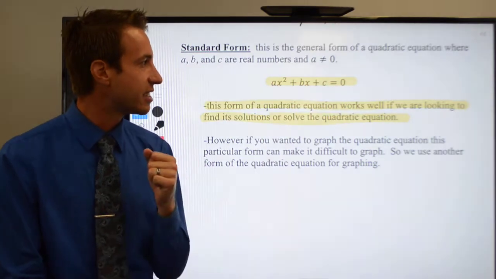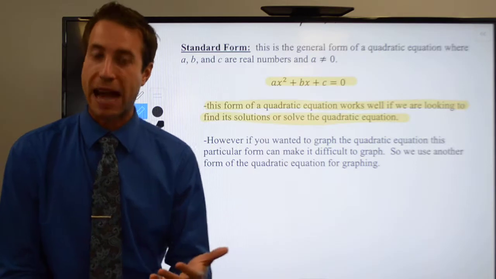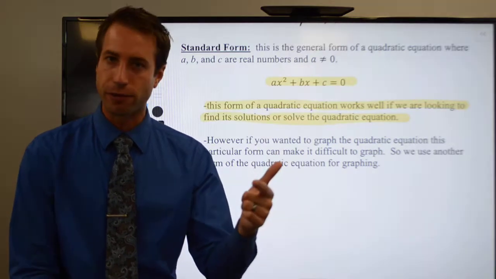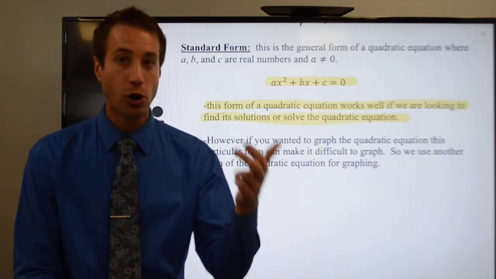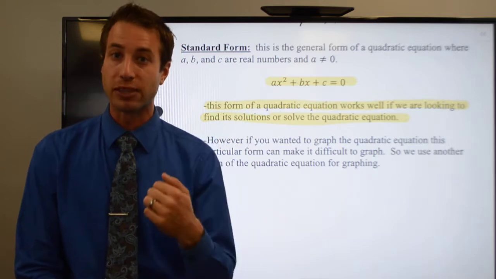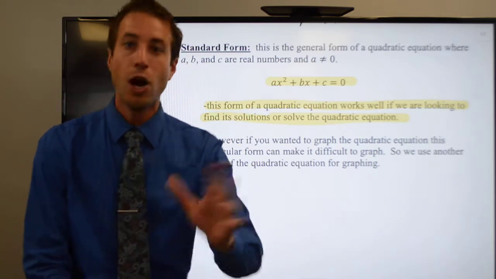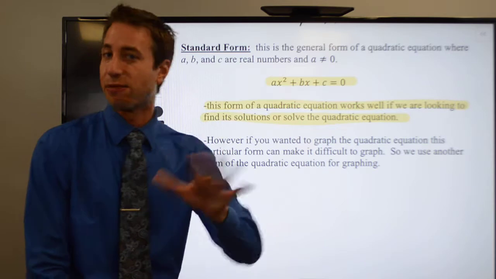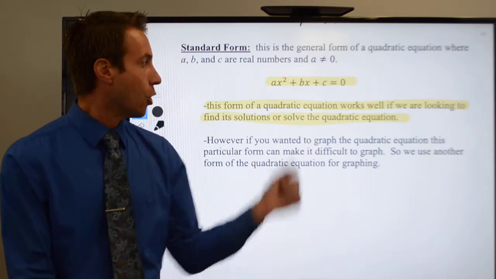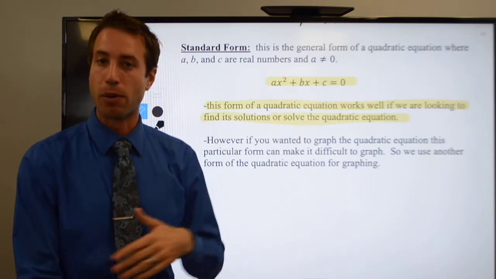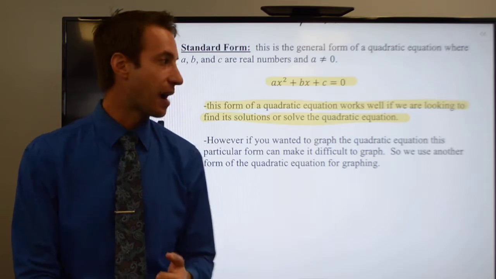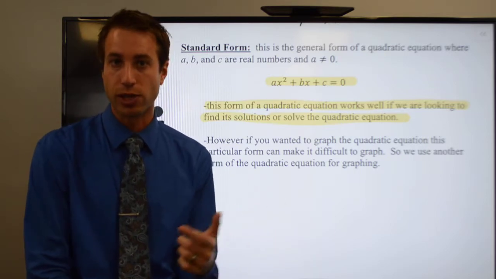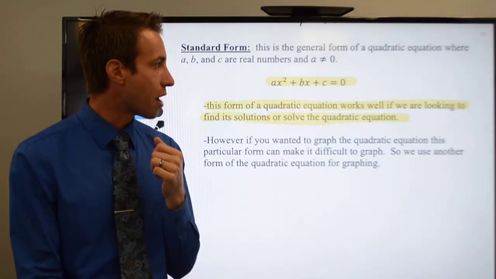Given to you in standard form, it can be factored. You can use GCF, difference of squares, perfect square trinomial, general trinomials, complete the square, quadratic formula, whatever. All of those different methods work great when your quadratic is in standard form, and factoring allows you to find the roots or the solutions for this particular quadratic.